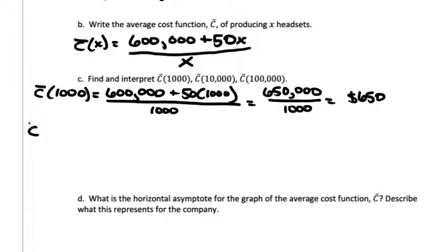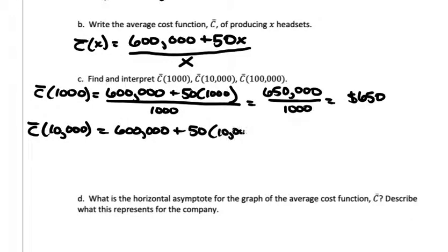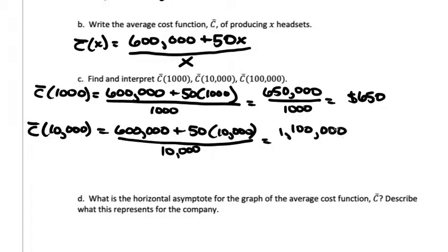Now we're going to calculate the average cost for 10,000. So plug in 10,000 for x. And that gives us an average cost of $110.